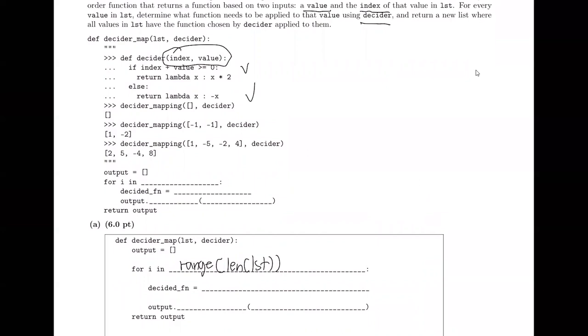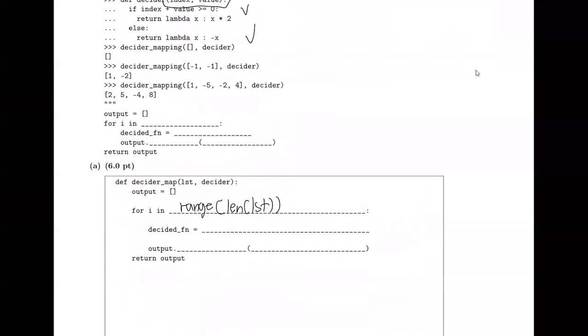How do we get that index and value? We're currently indexing through every index inside LST. So we can get our function by running decider of i, which is our current index, and to get the current value of LST, all we have to do is use index notation. Now this will give us a function that we need to use.